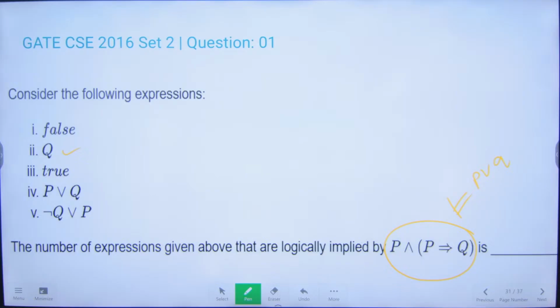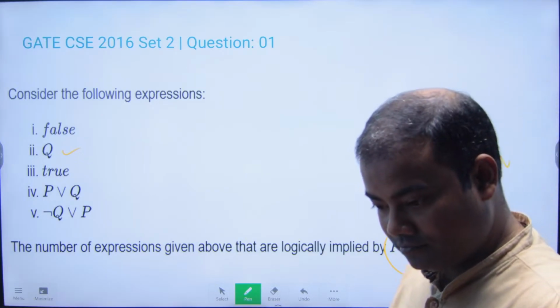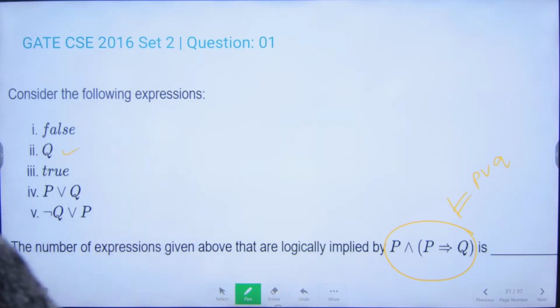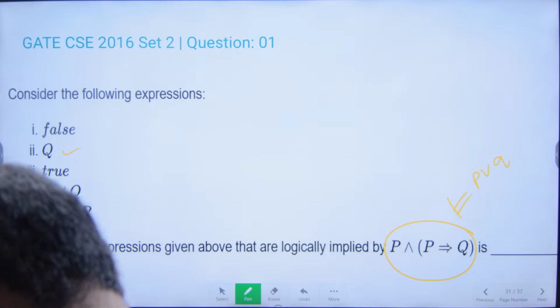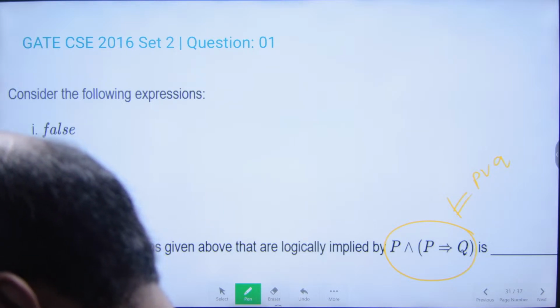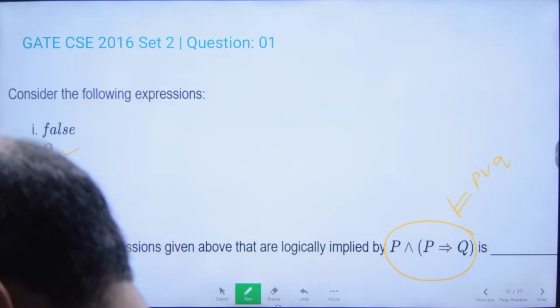If I break this expression, from this you can conclude that this is P and Q. This is easy. We have done it earlier also, from this whole statement, when we were proving modus ponens.